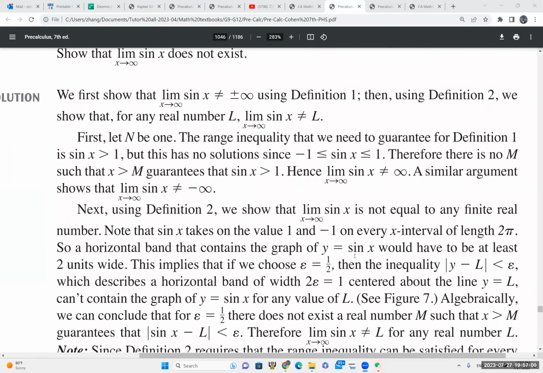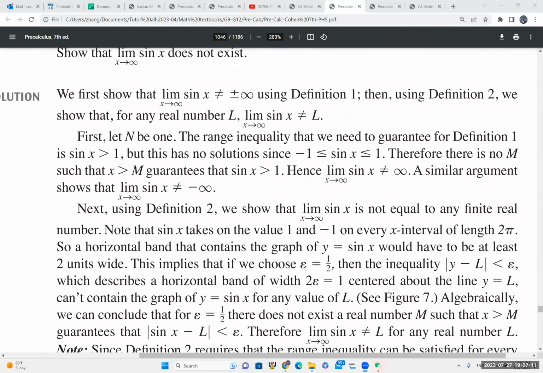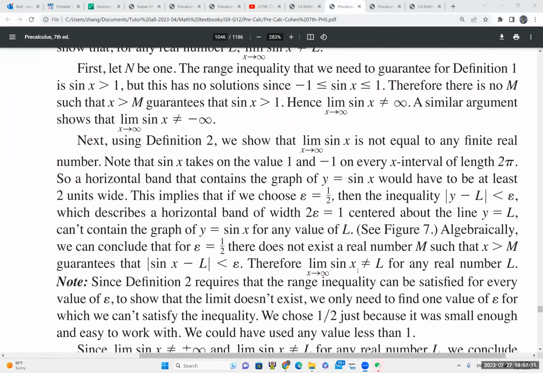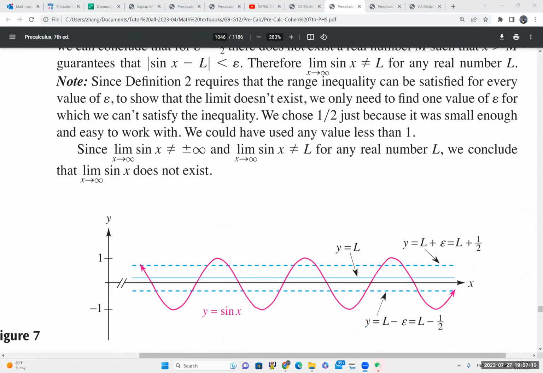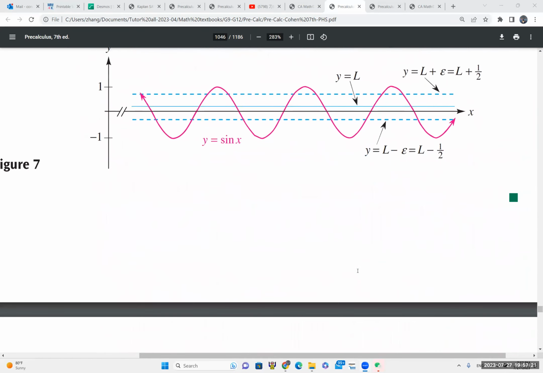Then it is not equal to any infinite real number. This is complicated, so we'll just skip it.